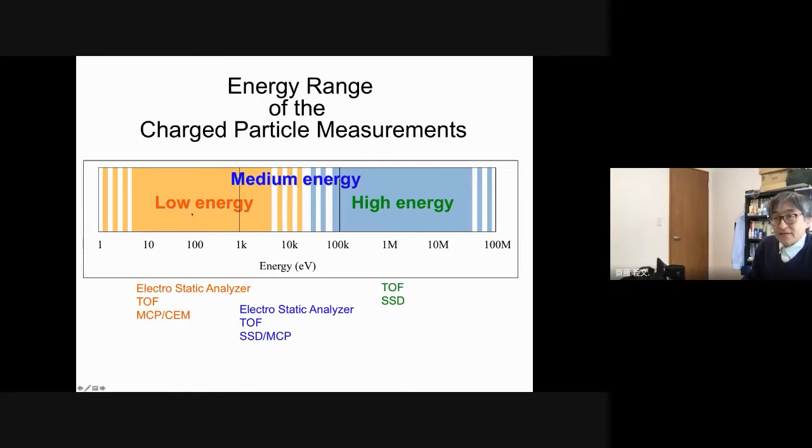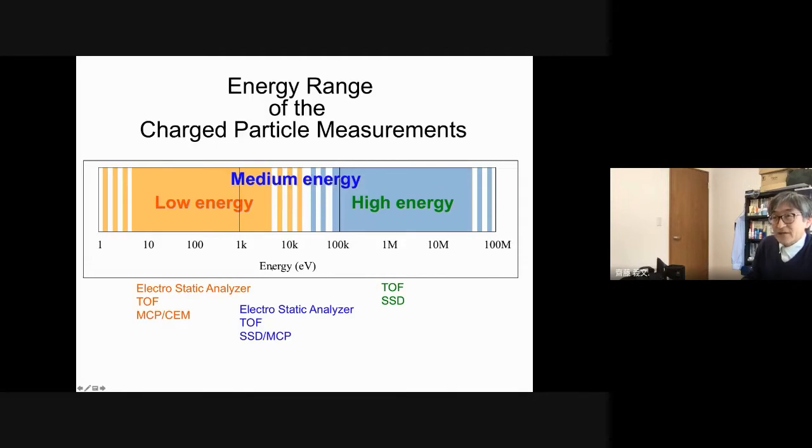Low energy particles are measured using electrostatic analyzers and time of flight mass spectrometers, with MCP or channeltron as a detector. For medium energy, electrostatic analyzers, time of flight measurements, and SSD and MCP are used. For high energy particles, time of flight or SSD are used.